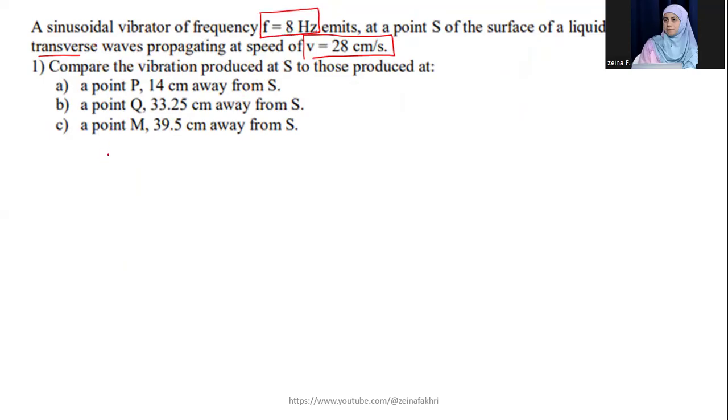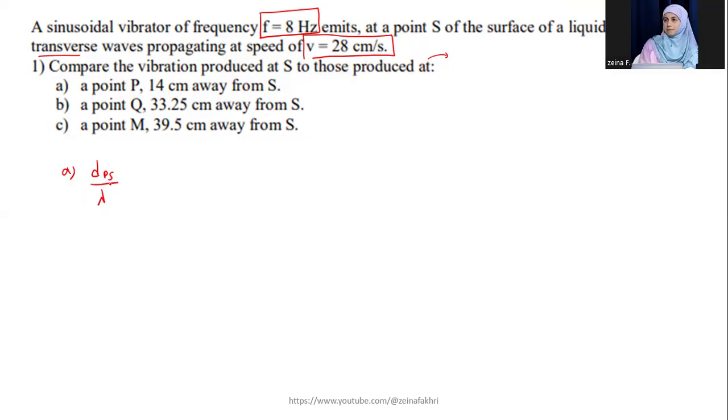First one. Compare the vibration produced at S to those produced at a point P 14 centimeter away from S. So this question is the same as determine the vibratory state of the point P with respect to the source S. In order to find the vibratory state, we have to do the distance between P and S over lambda.